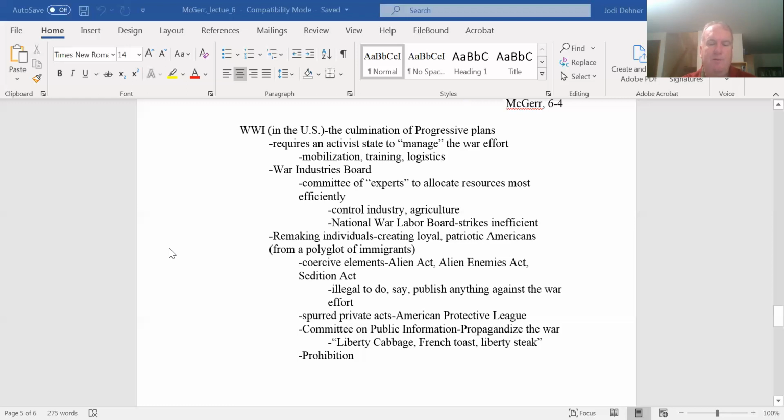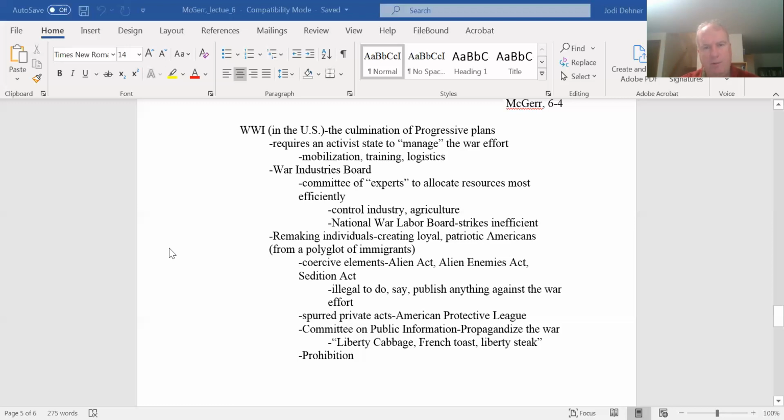So when Ford Motor Company, and Ford in particular, said, I'm already paying my workers well, I don't need to pay them more, and certainly not under your orders, the National War Labor Board appealed to the War Industries Board about the allocation of resources. So Ford Motor Company had an enormous amount of contracts. The government was buying every truck that Ford could build for the war effort.